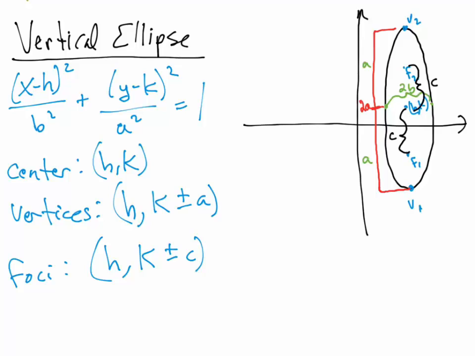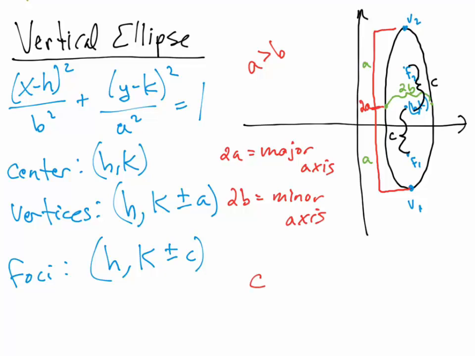So just like before, the a value is always going to be larger than the b value. 2a is equal to the length of the major axis, and 2b is equal to the length of the minor axis. And then to figure out the c value, we're going to say c squared is equal to a squared minus b squared.